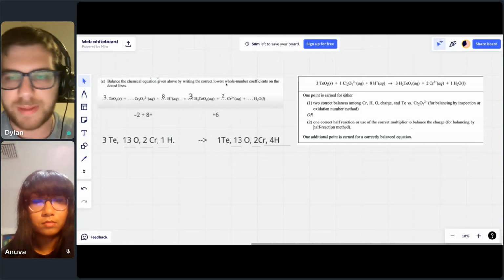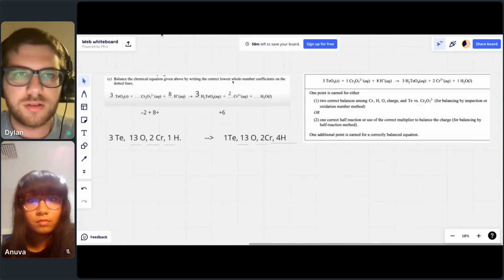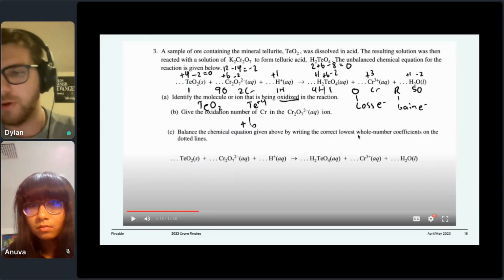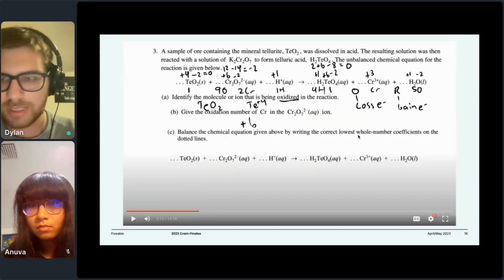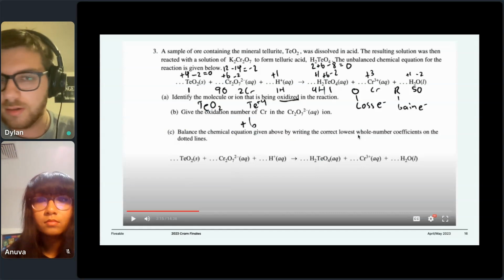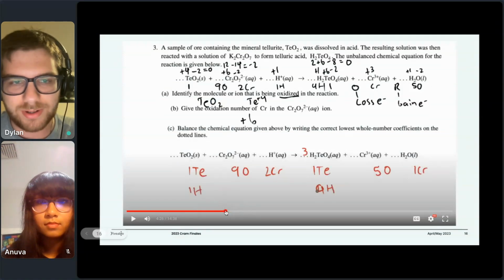We balanced by inspection to balance charge, and then another point for a correctly balanced equation. So it's, again, a tricky question, but typically with most of these, it's trial and error.